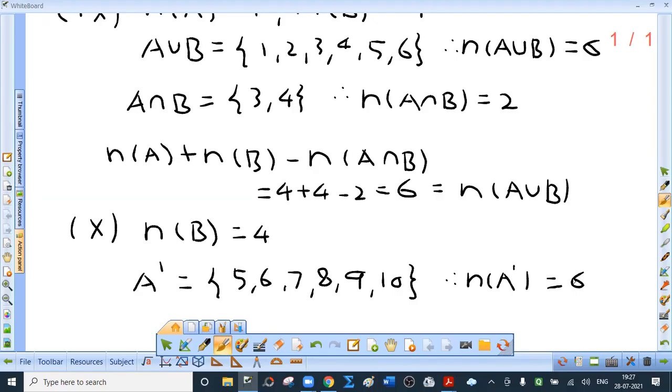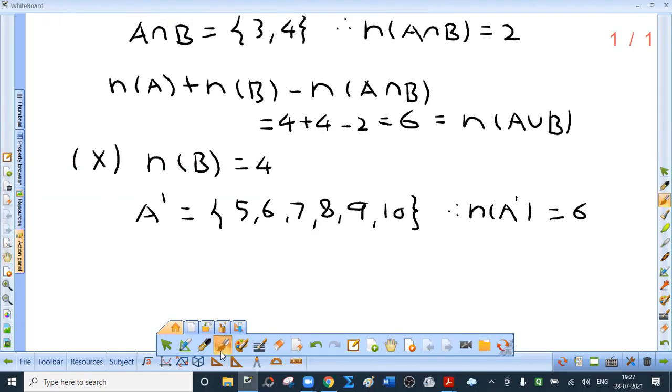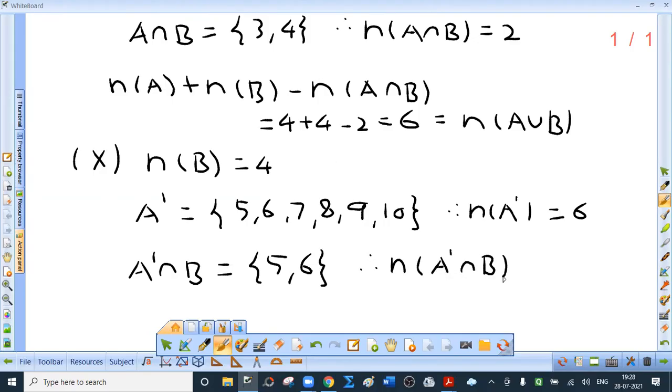Okay, n of A dash is not required. I'm sorry. So we have to consider its intersection with set B. So what is A dash intersection B? Two elements are common. So n of A dash intersection B is 2.